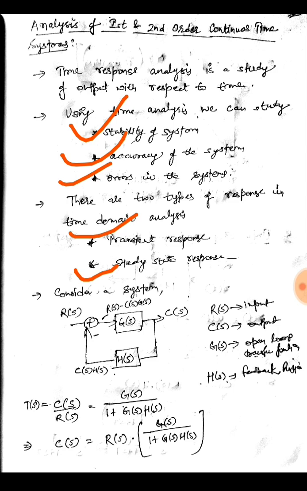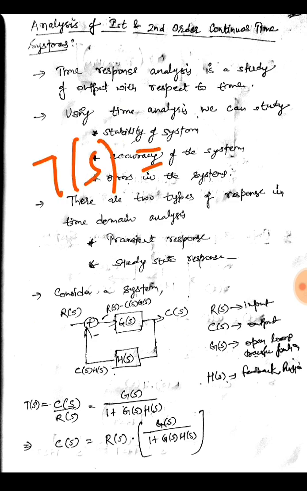Now consider a system in which we have input as R(s), C(s) as the output, G(s) as the transfer function or the open loop transfer function. Open loop transfer function means when we do not have any feedback in the system, and H(s) is the feedback function. We know that transfer function is always output upon input.